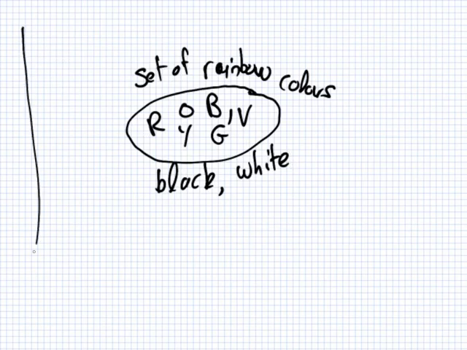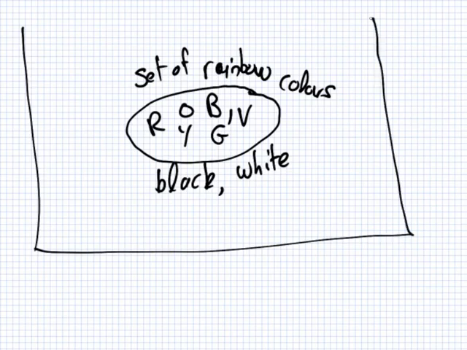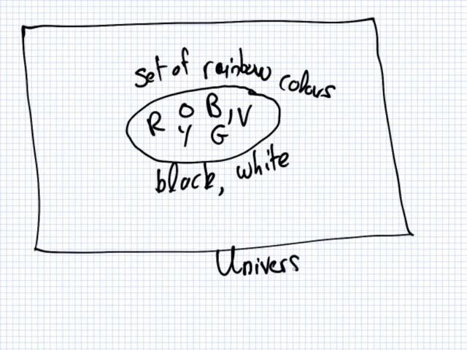So we usually put this in a big rectangle, and this is called, it's like the universe. It's the universal set. It's everything. So all the colors are in this rectangle, and only the rainbow colors are in this circle here. So let me just get rid of that set of rainbow colors.